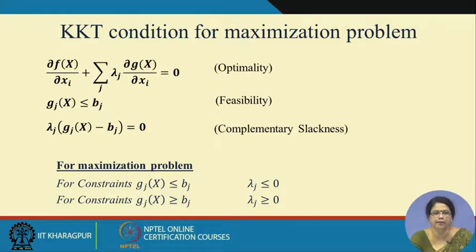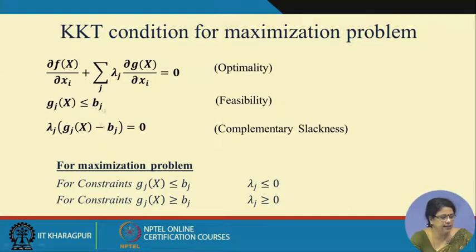When we have the nonlinear programming problem, maximization of f(x) subject to g_j less than or equal to b_j or g_j greater than or equal to b_j, here the g functions and the f function are all nonlinear functions. Here also, after taking the first order derivative with respect to different variables, we will get the KKT conditions: optimality condition, feasibility condition and the complementary slackness conditions.